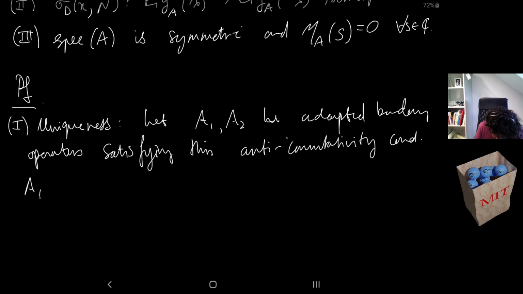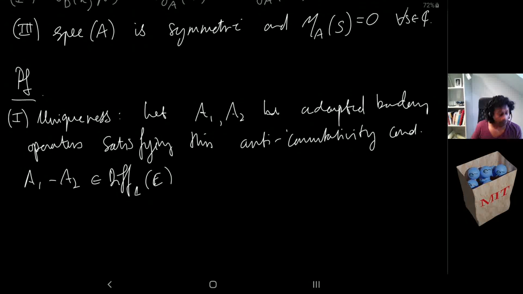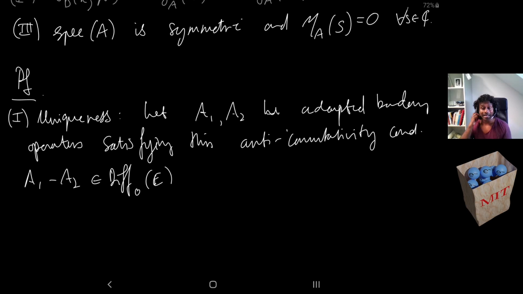Then A1 minus A2 is in Diff^0(E), right? Because they have the same principal symbol, so we're always using the principal symbol, which is fixing the normal, induced from the normal vector.